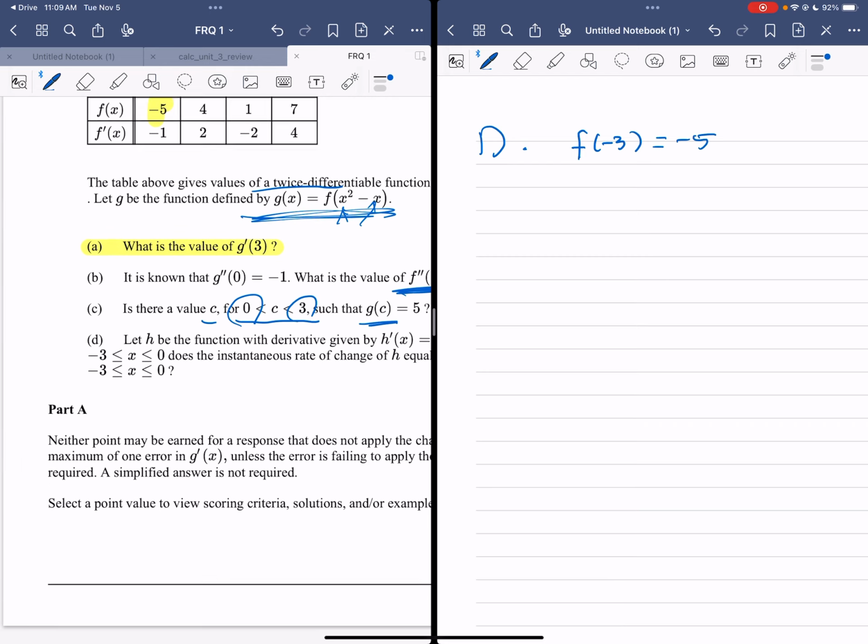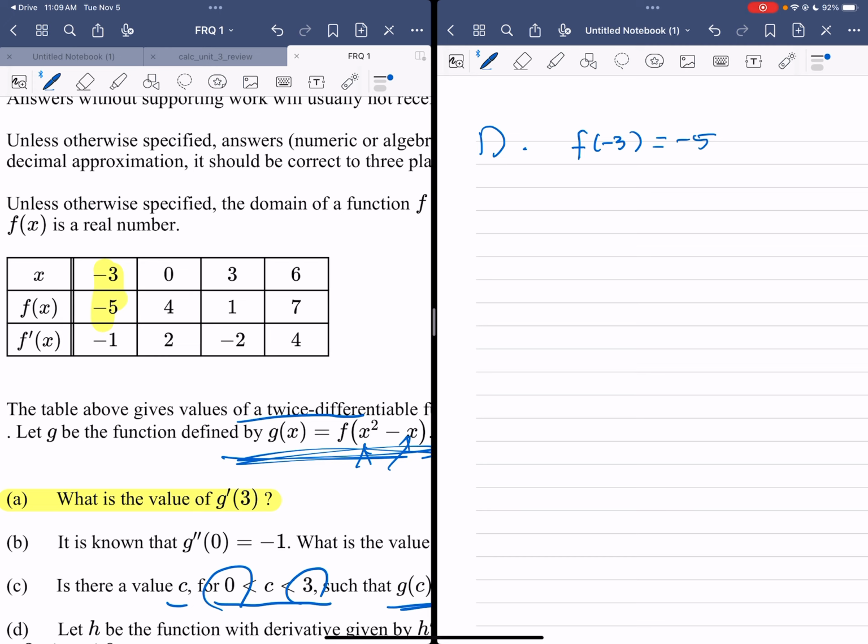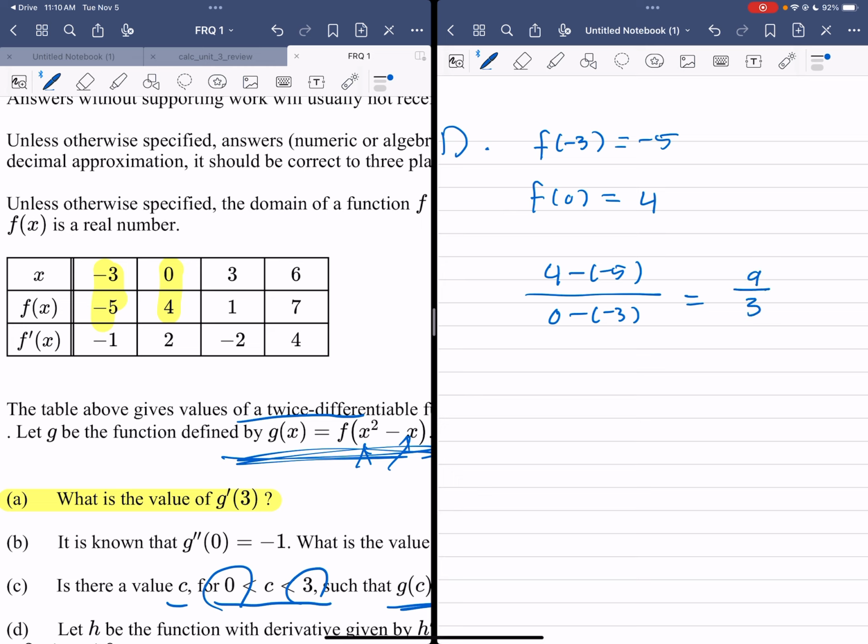And the other one is f of 0, which is equal to 4. Okay, so slope is gonna be equal to what? 4 minus -5 over 0 minus -3, which is 9 over 3, which is 3. That's the average rate of change, right?